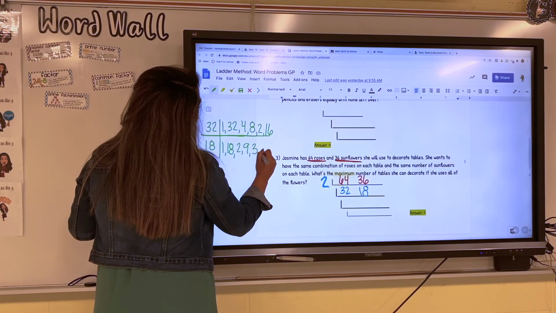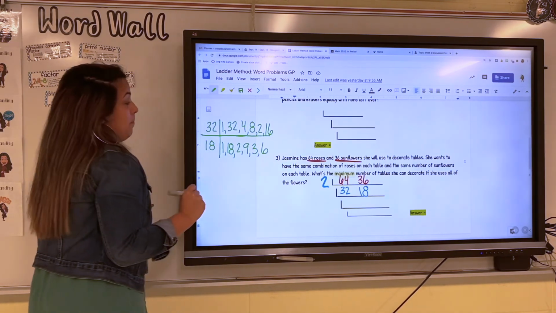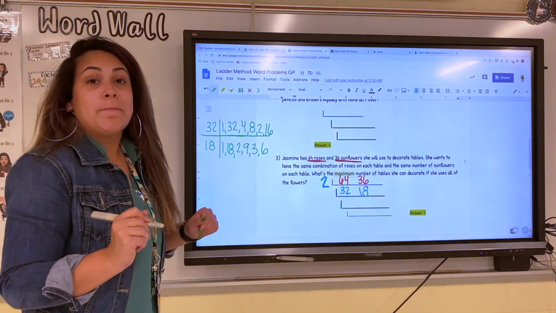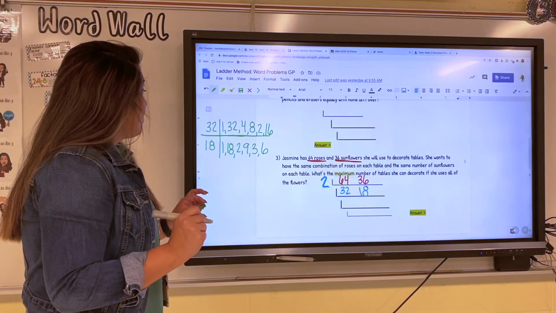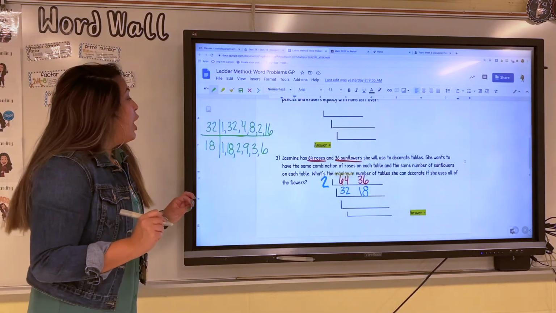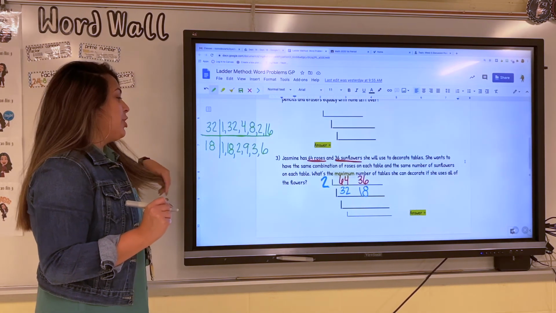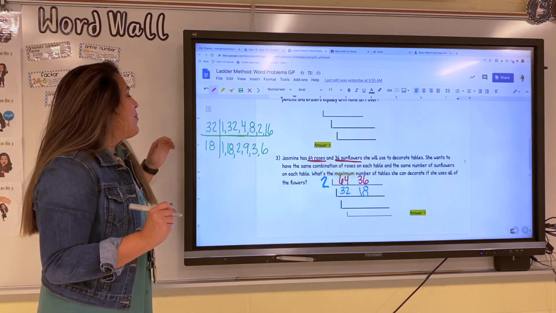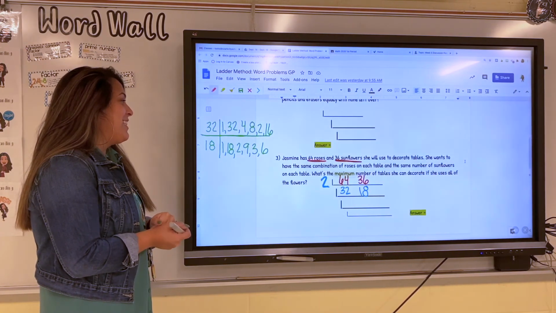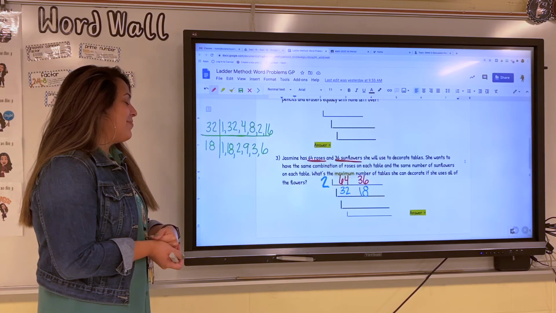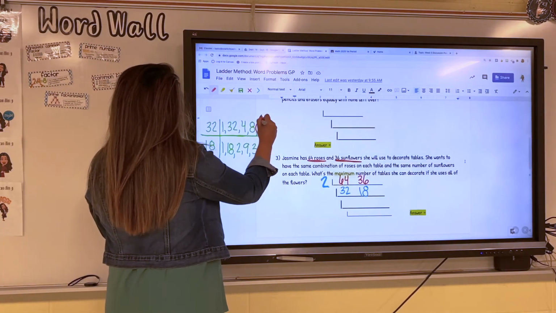And then 3 and 6. Is there anything else? No, I don't think so. Okay. So now we're going to go and circle the factors that they have in common, which is 2.